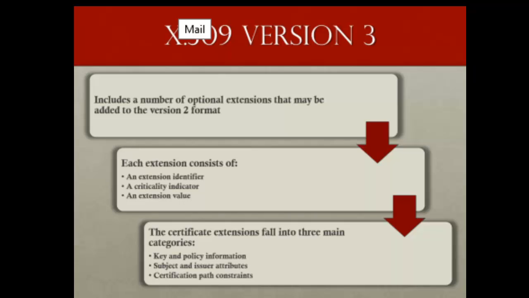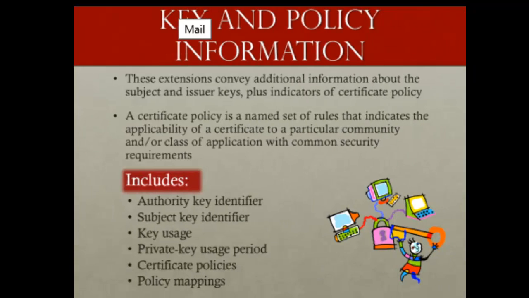Now, the certificate extensions fall into three main categories: key and policy information, subject and issuer attributes, and certification path constraints. We'll talk about the key and policy information. These extensions convey additional information about the subject and issuer keys, plus indicators of certificate policy.